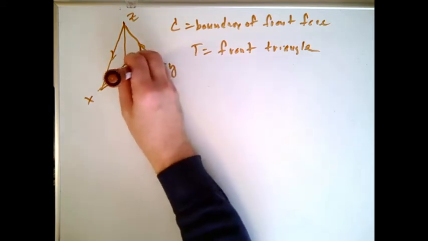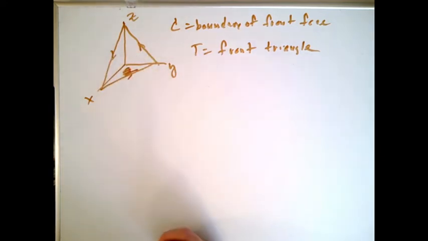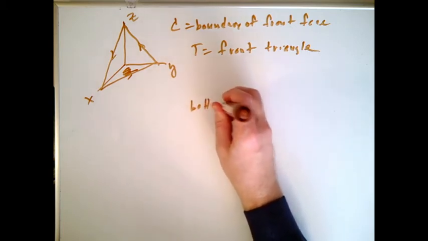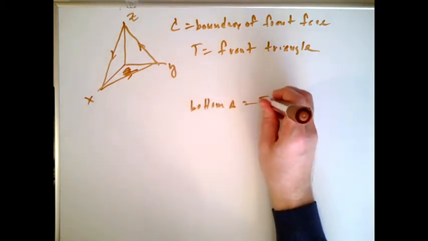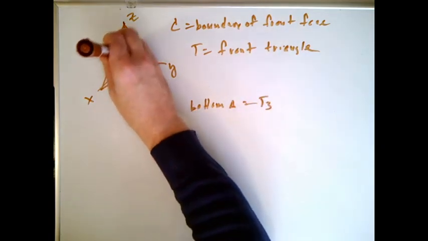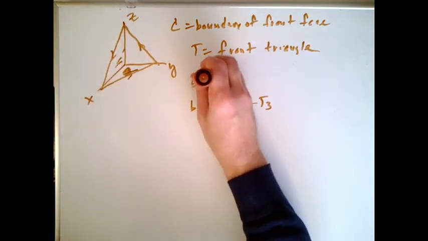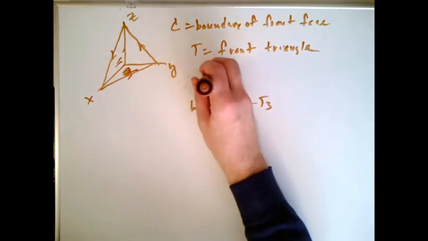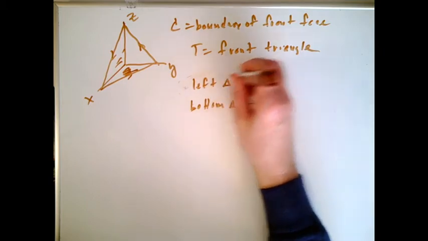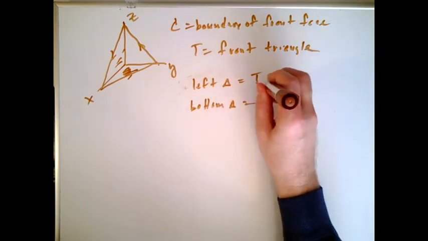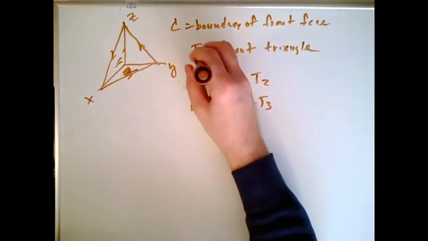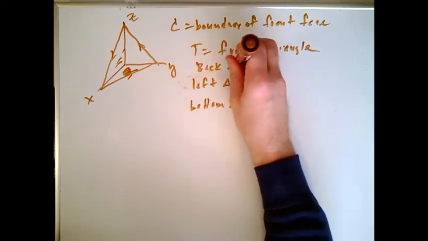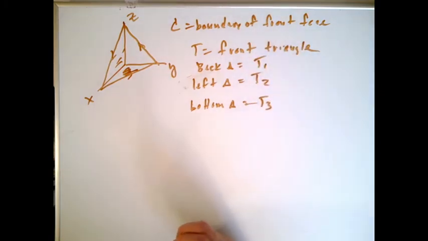I'm going to label the bottom one, since it's perpendicular to K, the bottom triangle, T3. The left triangle, I'm going to call T2 because it's perpendicular to J, and the back triangle I'm going to call T1 because it's perpendicular to I.